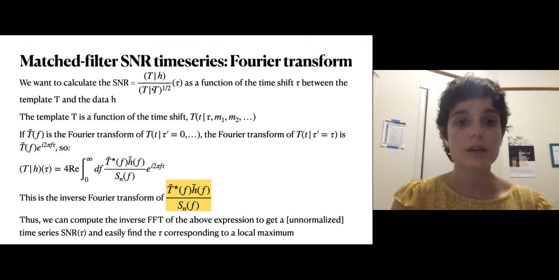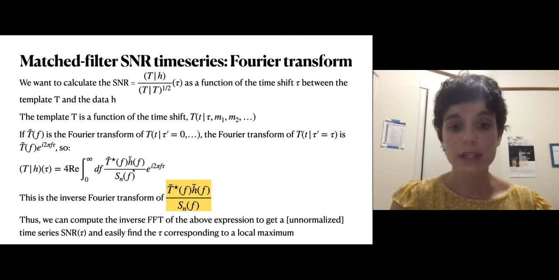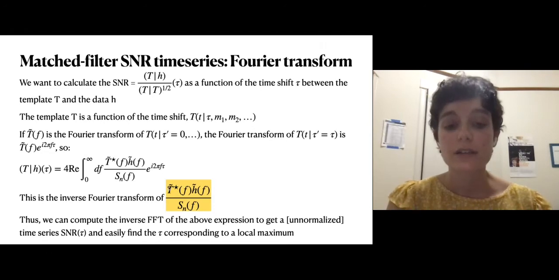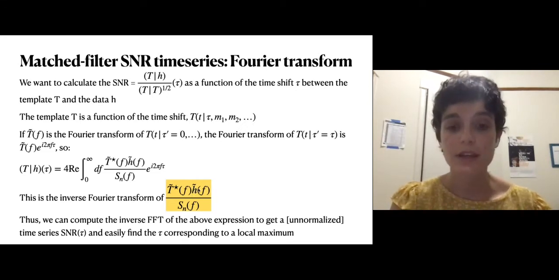Using the definition of inner product, we can write it as the following in the frequency domain. But this is just the inverse Fourier transform of T in the frequency domain, complex conjugate of that, times your data stream, the Fourier transform of that in the frequency domain, divided by the noise power spectral density S sub n at that frequency.